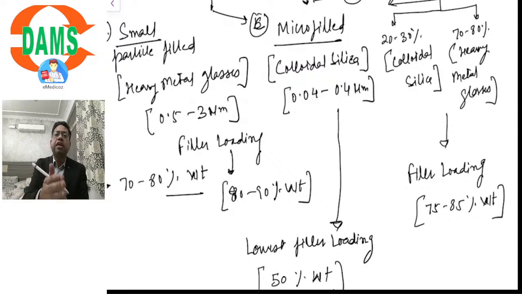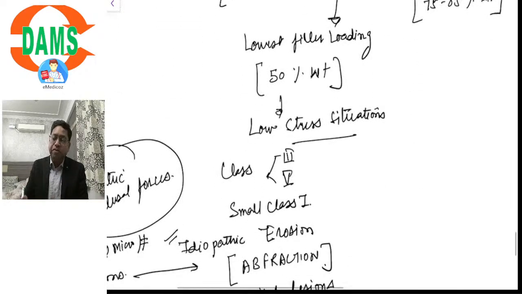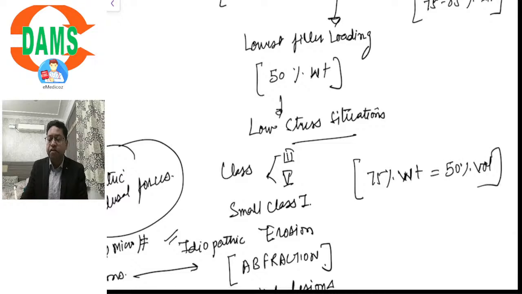And if you could see, I have given the figures for the filler loading in percentage by weight. At times, you can encounter questions where they are asking you filler loading for a type of composite in percentage by volume. So instead of remembering separate data, you should remember the conversion, that is 75% by weight is equal to 50% by volume.